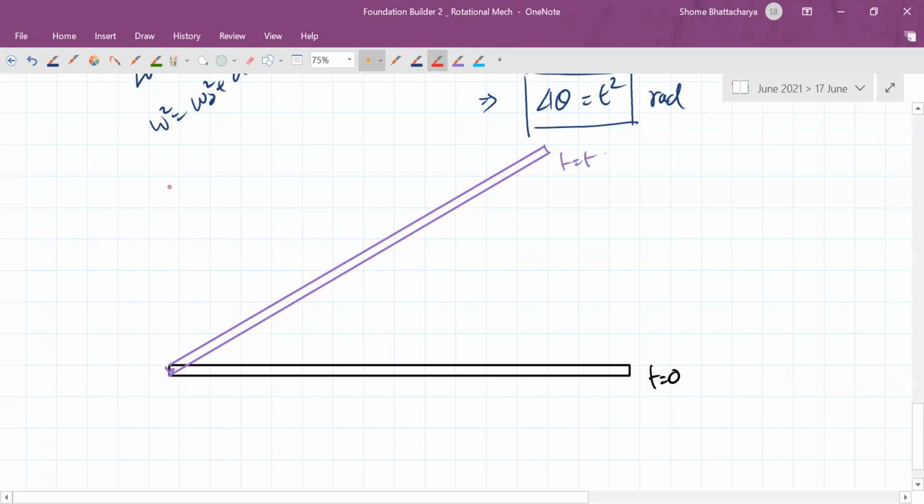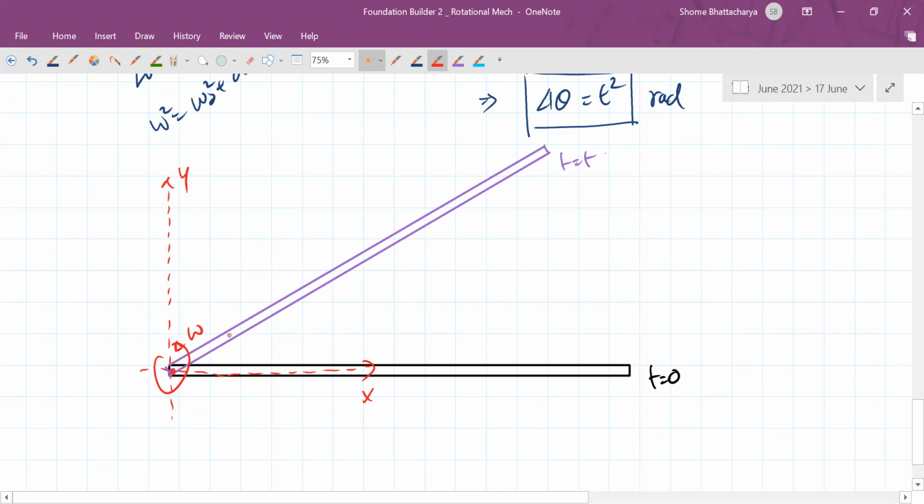If we take this as an XY plane now, instead of drawing the diagram in the XZ plane, in the XY plane you can see that the rotation is happening about the Z axis.